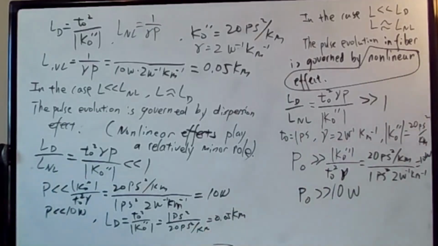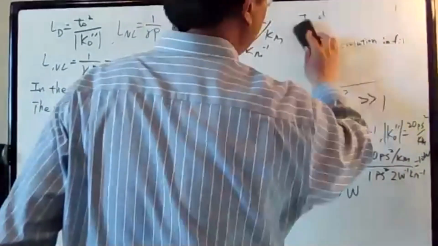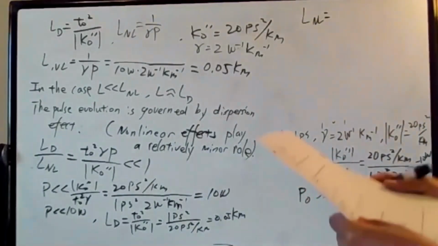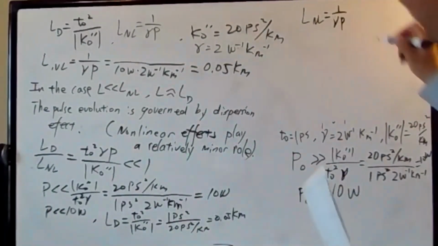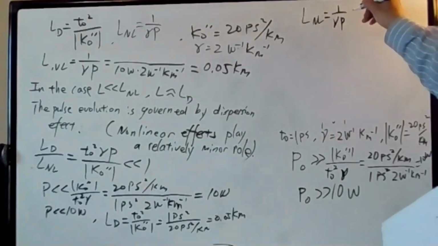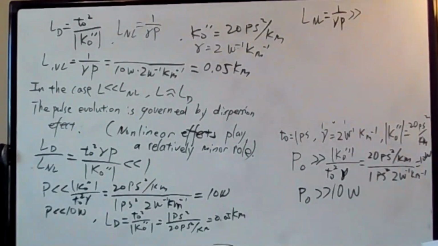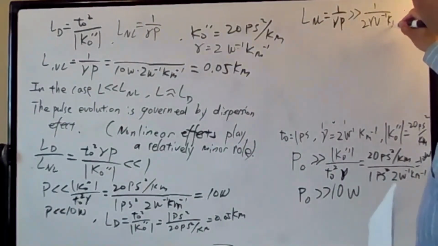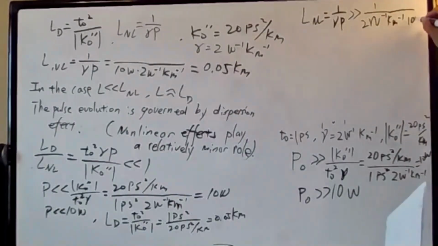And then our nonlinear effect. In this case, our nonlinear length is 1 over gamma P. Since P is going to be way less than 10 watt, it will be much greater than 1 over 2 watt inverse kilometer times 10 watt.